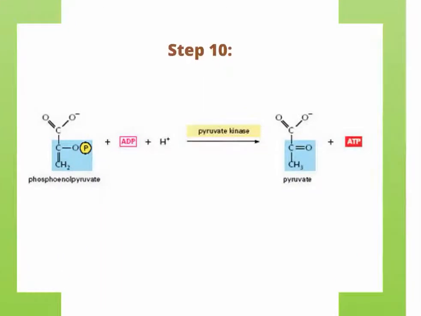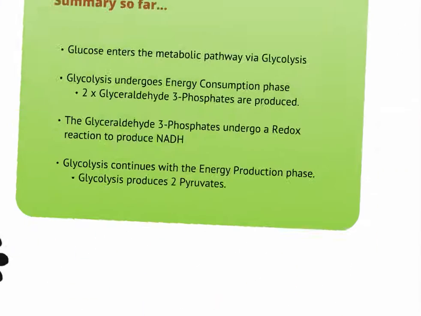And in our last step, step 10, the transfer to ADP of the high-energy phosphate group that was generated in step 9 forms ATP, completing glycolysis. And then we're also going to get the second ATP back, which brings us to a total of 4, since this reaction is happening twice.